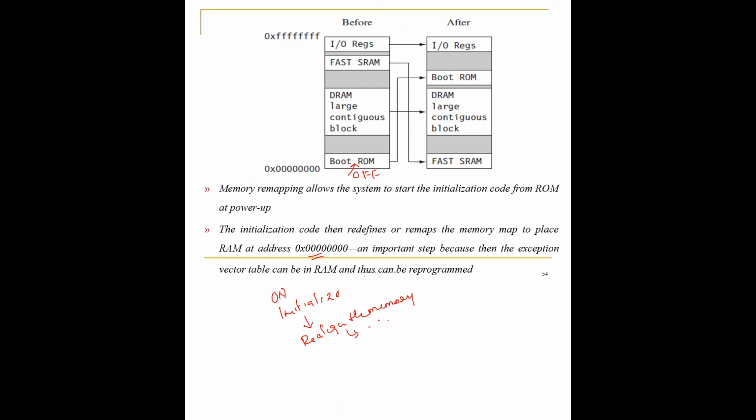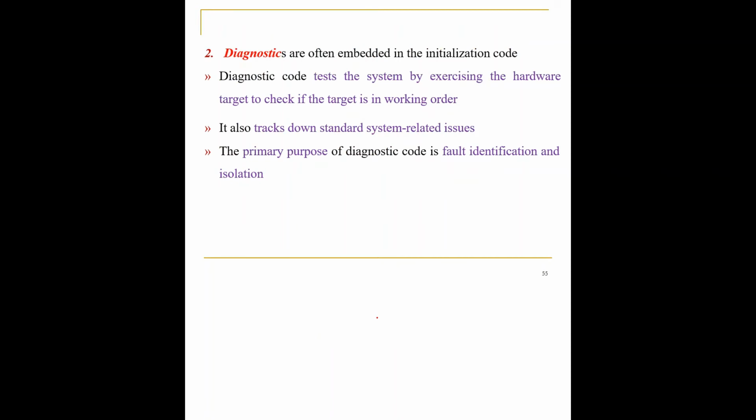That is the first step of turning on a system. The second step is diagnostic. Diagnostic is actually a set of code which is used to check whether the targets are working properly.